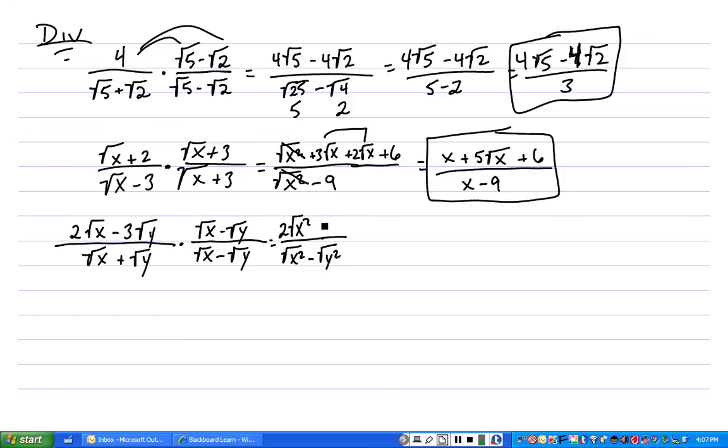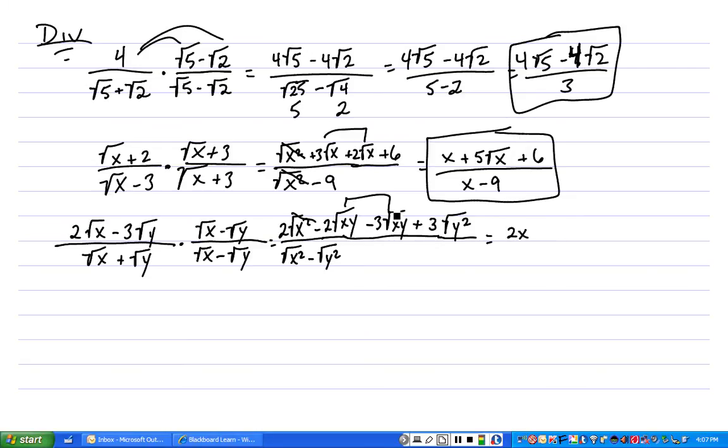Outside, I get a negative, what is that, 2 square root of xy. Inside, I get a negative 3 square root of xy. And then last times last, I get a 3 square root y squared. So 2 and square root and square cancel, leaves me 2x.